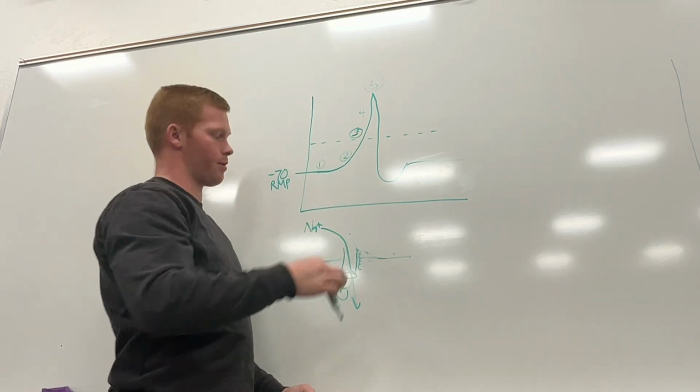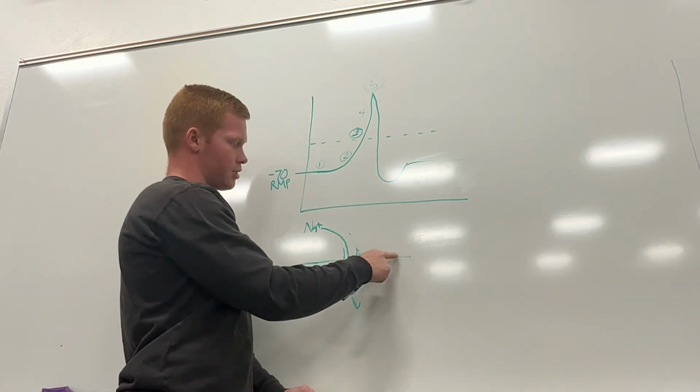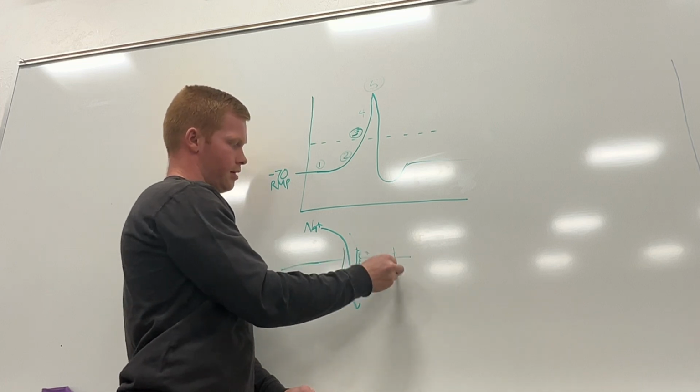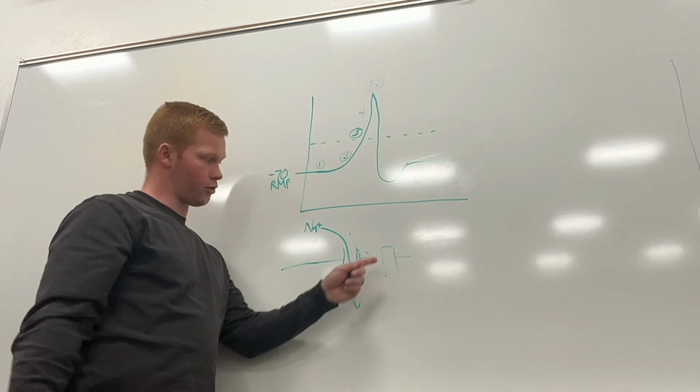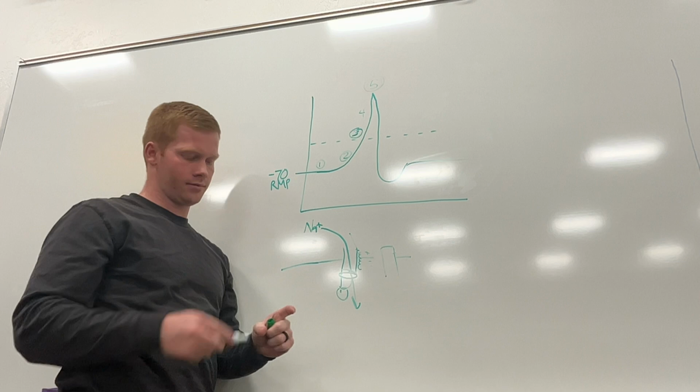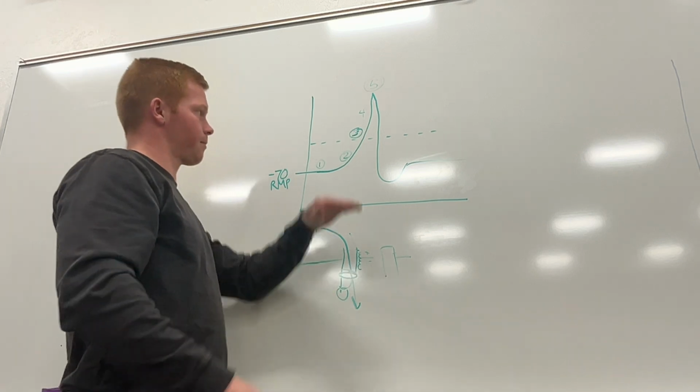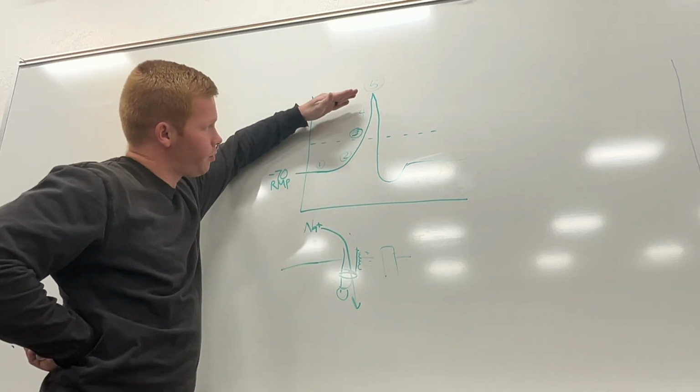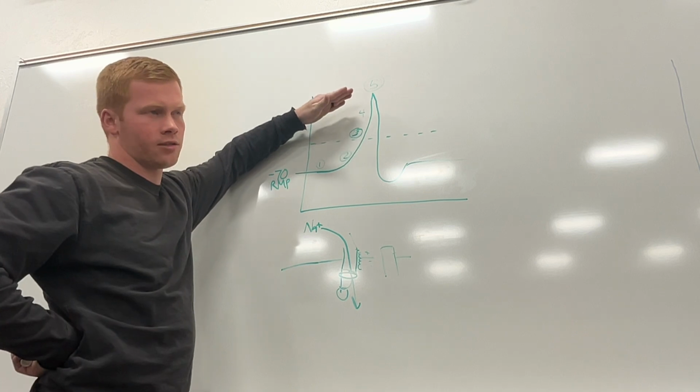But also around this time, you're going to have a potassium gated channel that has a door, but it doesn't have an inhibitor, and it opens up very slowly. So during this whole time, it's still opening, but very slowly.